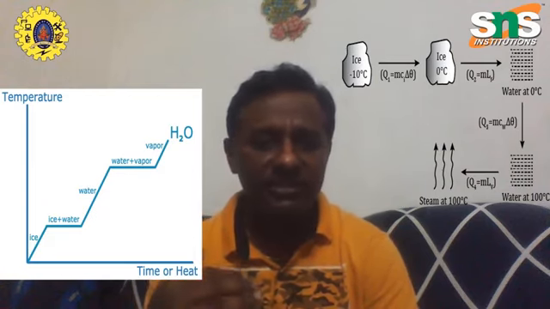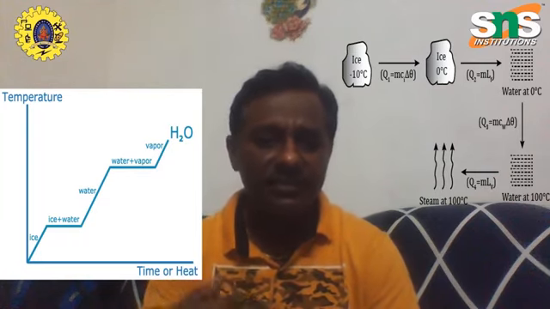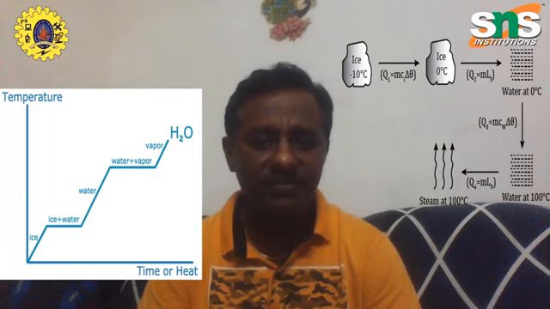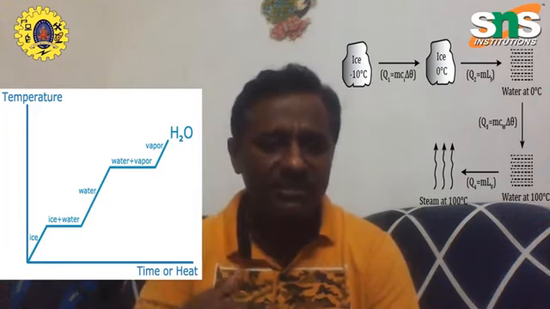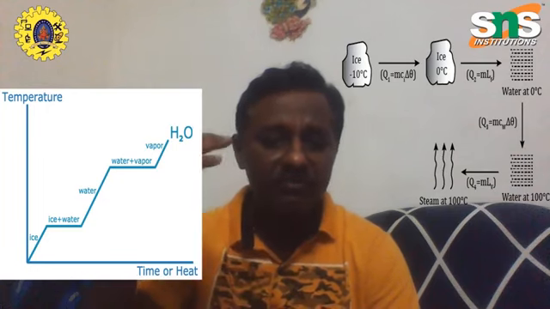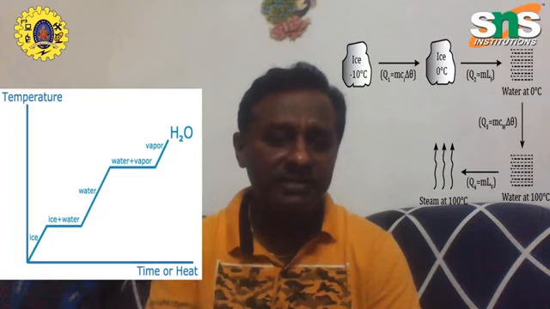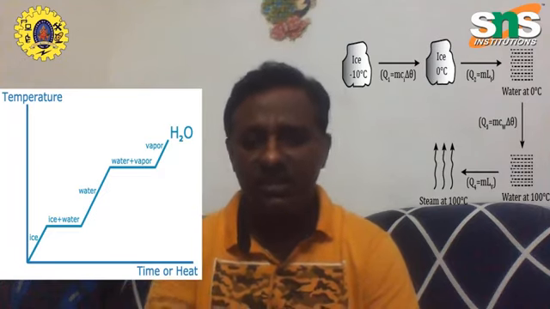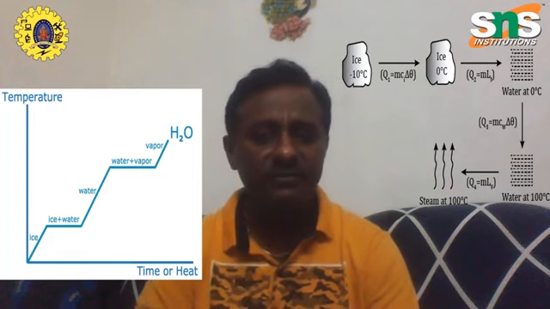So at 0 degrees Celsius, what is the phase of ice? At 0 degrees Celsius the ice becomes water, but at 0 degrees Celsius the ice is still in the phase of ice itself.